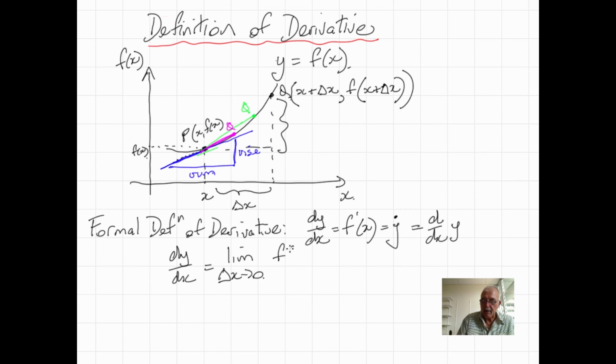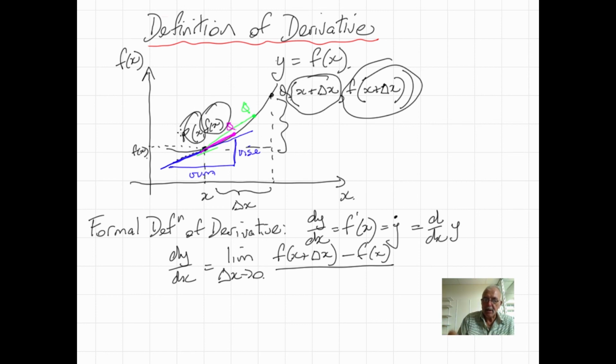So it'll be f of x plus delta x minus f of x, all over, so that's the change in y, y2 minus y1, over x2 minus x1. So x2 minus x1, so that's x plus delta x minus x. So when I simplify that, I get to that.